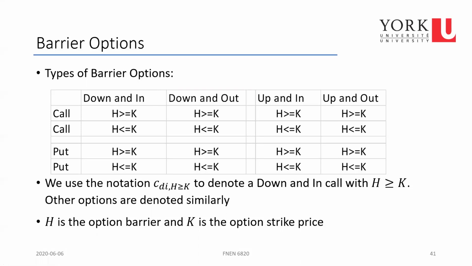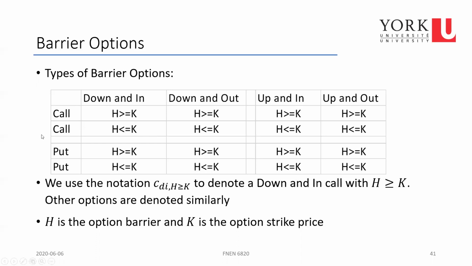Now, on the other hand, if the activation barrier H is less than K, so for a call, down and in, the first instance that the call becomes activated or exercisable, that call is an out of the money call to begin with.